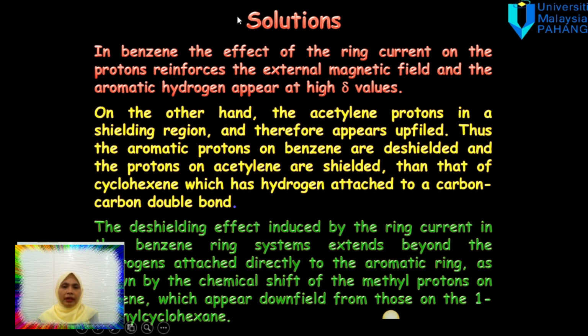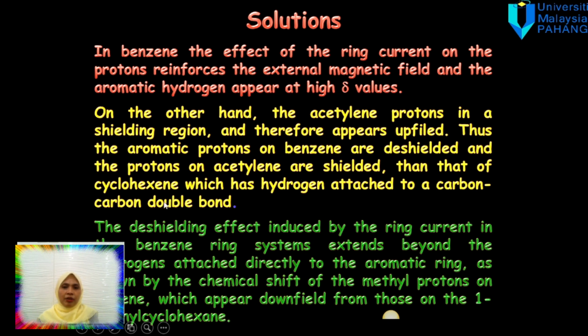They have their own current ring inside, and the proton is reinforced by the external magnetic field, and the aromatic hydrogen appears at a high chemical shift value. On the other hand, the acetylene is in a shielding region. Acetylene is C triple bond C and therefore appears upfield. They are considered as a shielding region. Aromatic protons on benzene are de-shielded and the protons on acetylene are shielded.